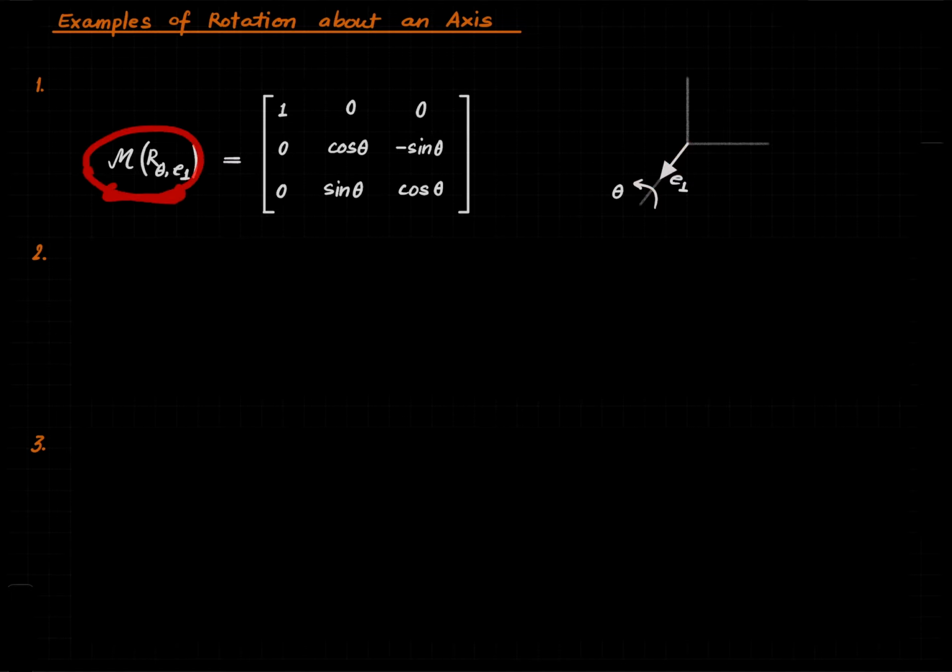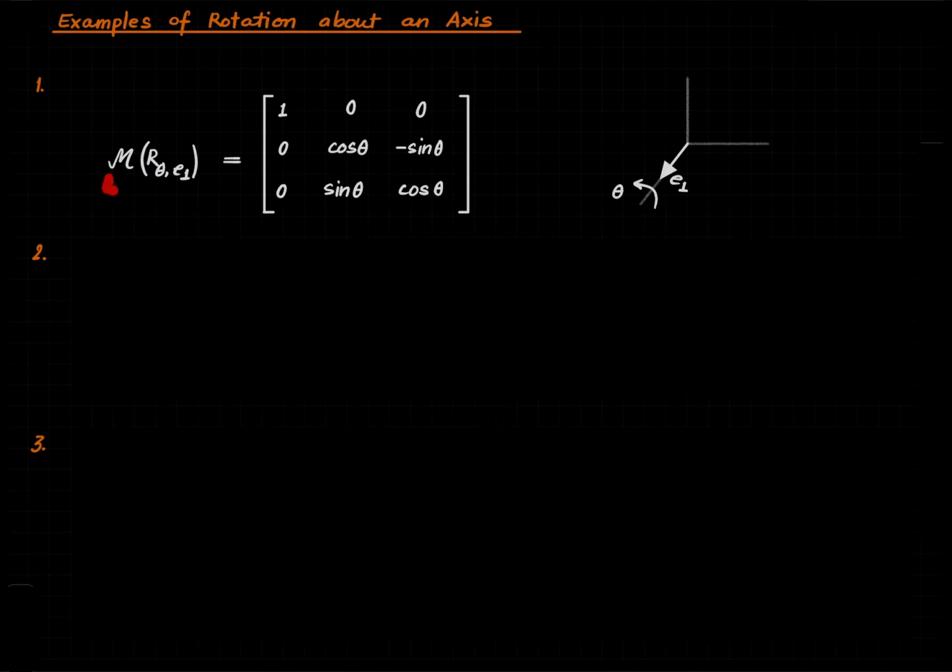When I write the matrix of a linear map and don't write anything else, R theta of V was a linear map, as you must have noticed, the basis with respect to which the matrix is formed is the standard basis. Euclidean spaces have a natural basis called the standard basis.